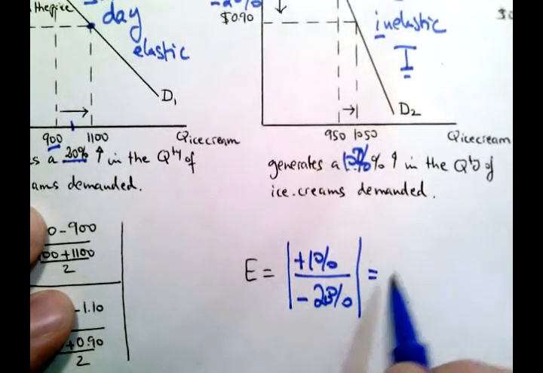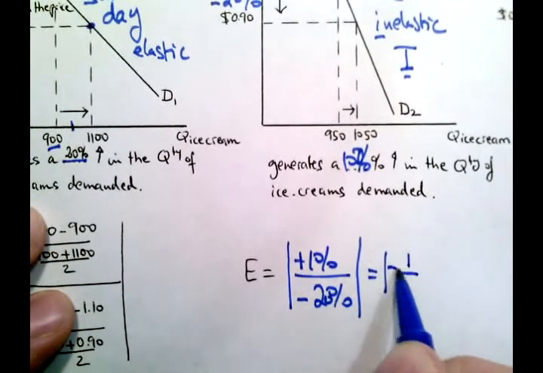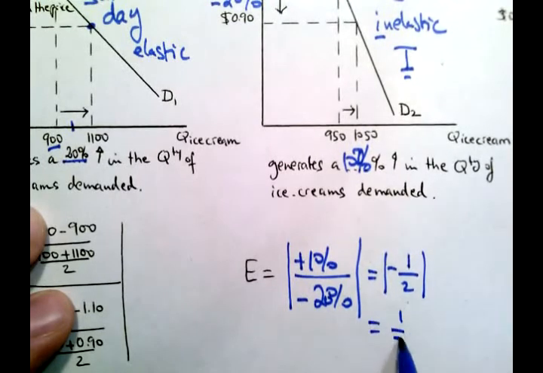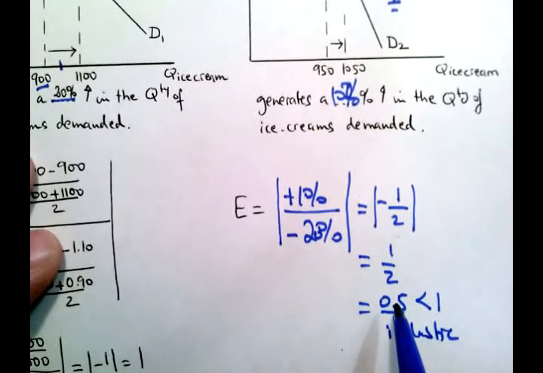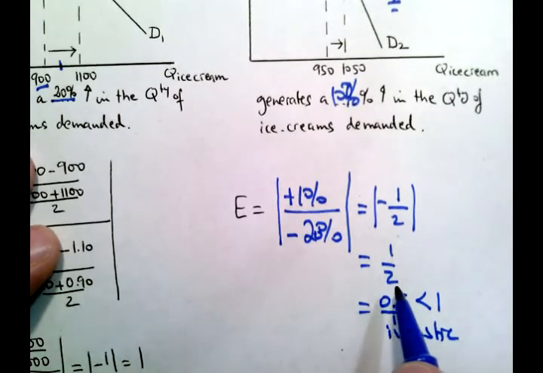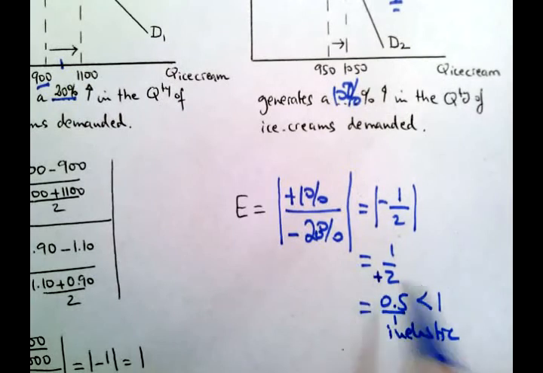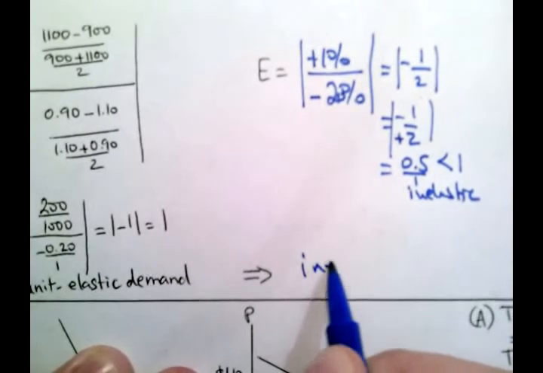So if you take the absolute value of that number, you can simplify here, it is equal to 1/2, or 0.5, which is less than 1, meaning that the demand will be inelastic, because every time you change the price by 1, quantity demanded will change by less than 1, here 0.5. Or another example, if you were to increase the price by 2%, quantity demanded will drop by 1%, not as sensitive to a change in price. So here we can say that demand is inelastic.